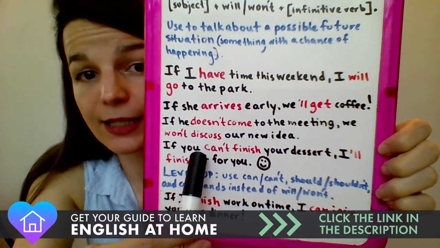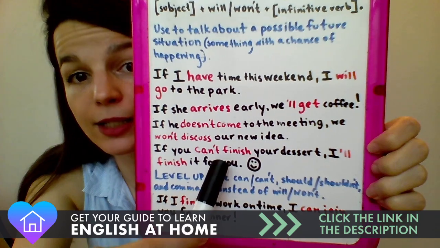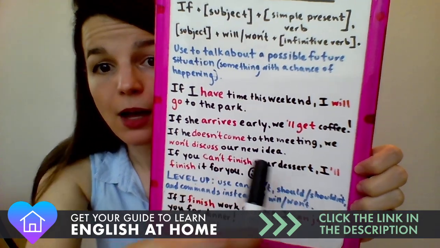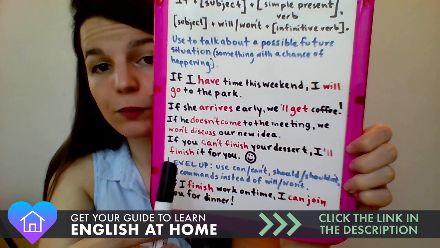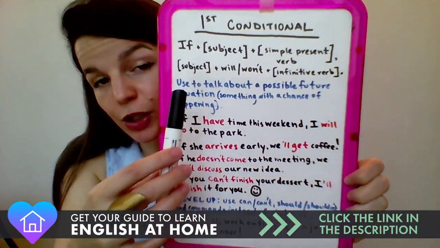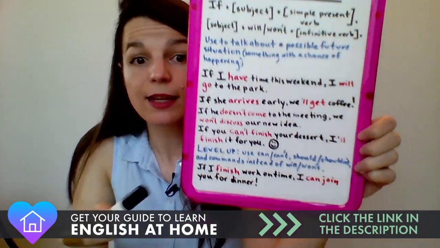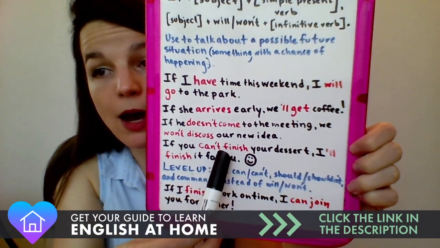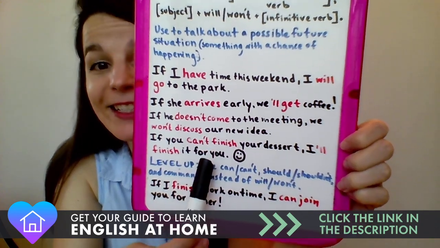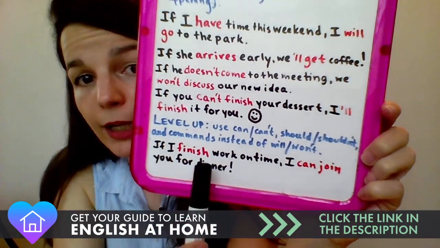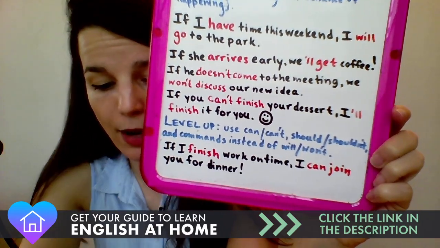Here, again, we have this negative. If you cannot finish your dessert, I will finish it for you. So in the first conditional, we can use these can and can't expressions in the if clause and in the main clause. So I want to look at this level up point at the bottom.